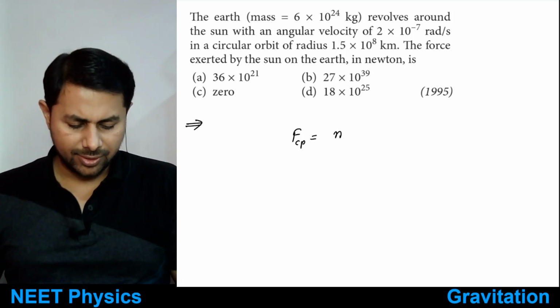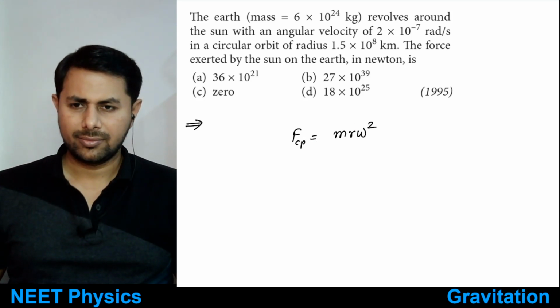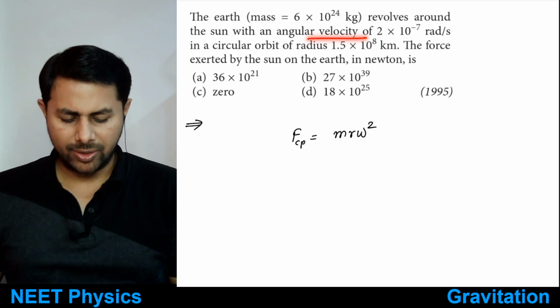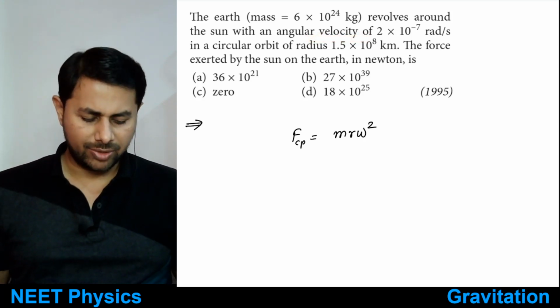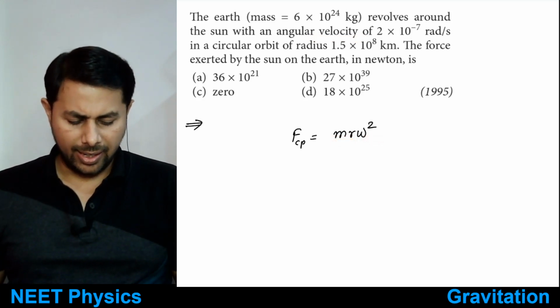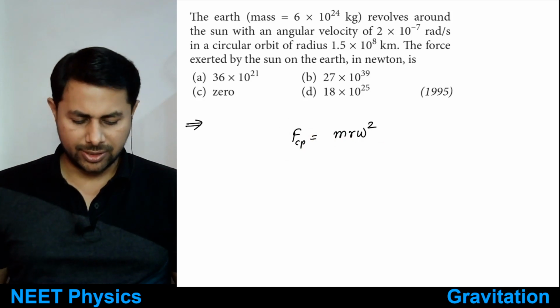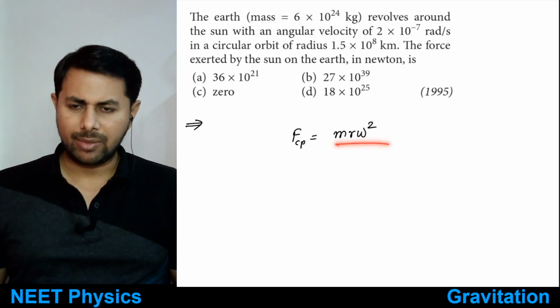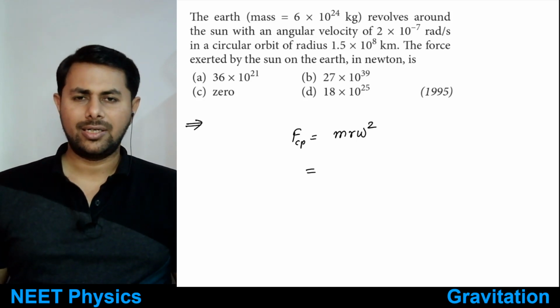F_cp equals mr omega square, right? Because angular velocity is given. So you have directly this formula mr omega square, and this centripetal force is provided by the gravitational force. That means the gravitational force is equal to what? This thing only, mr omega square, right? It is very simple.